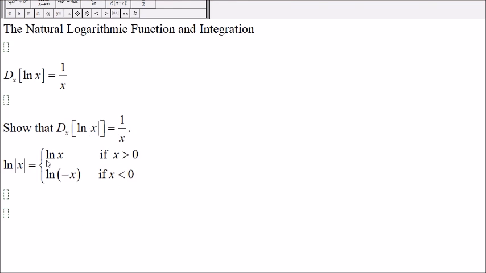And we have already shown that the derivative of ln x is 1 over x, and now we also need to show that the derivative of ln of negative x is also 1 over x. And so this is negative x, and so we have to use the chain rule right here.